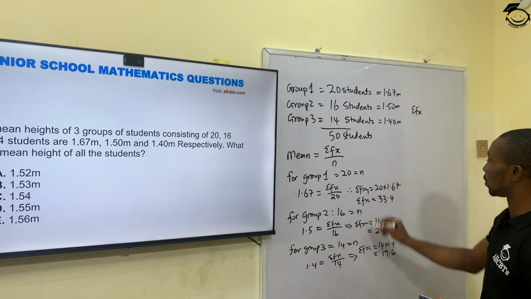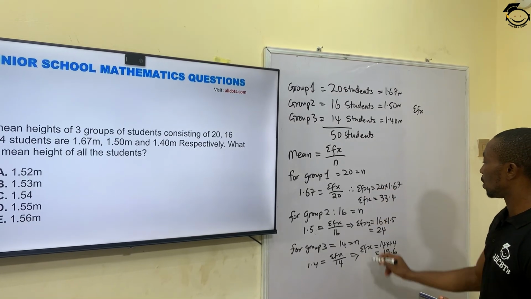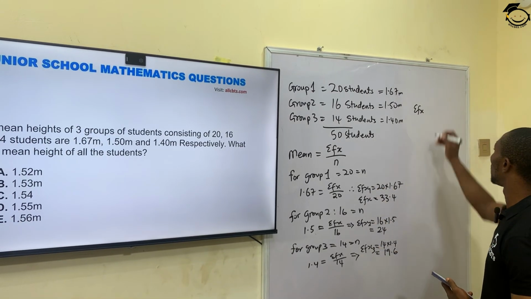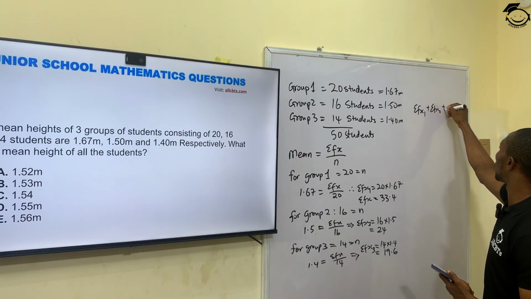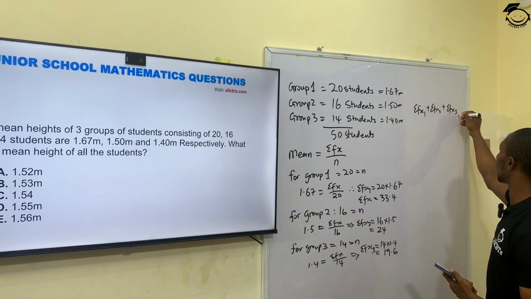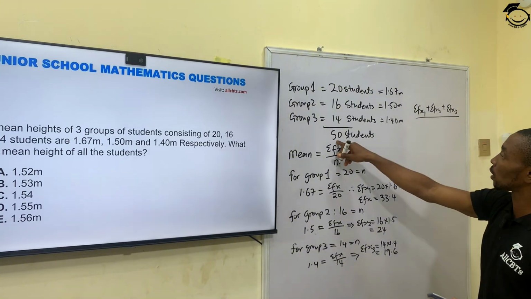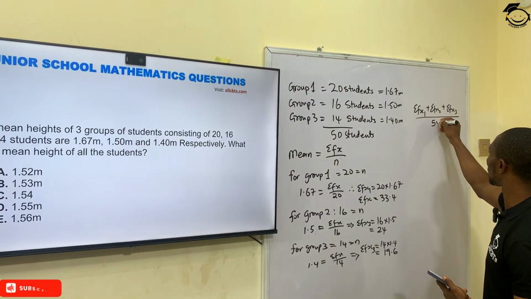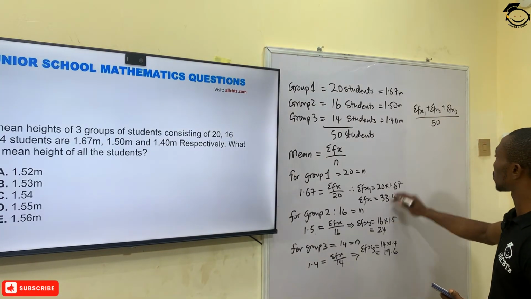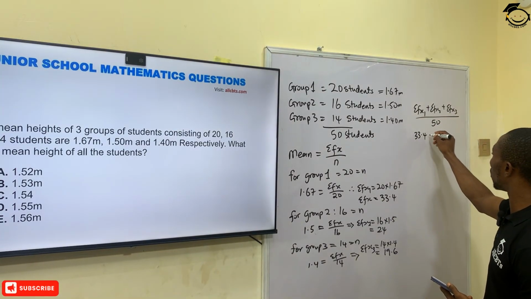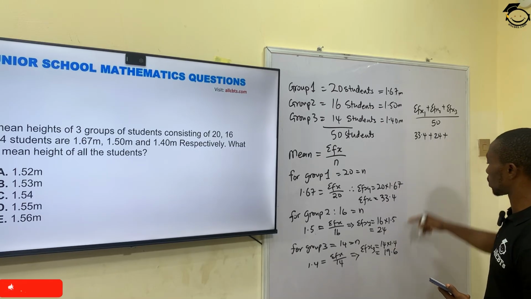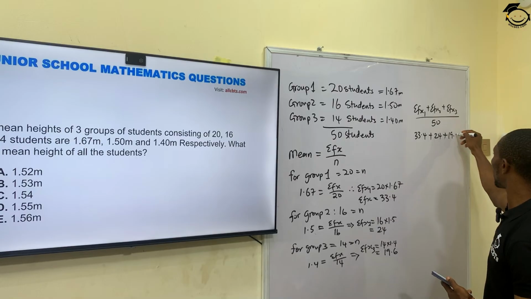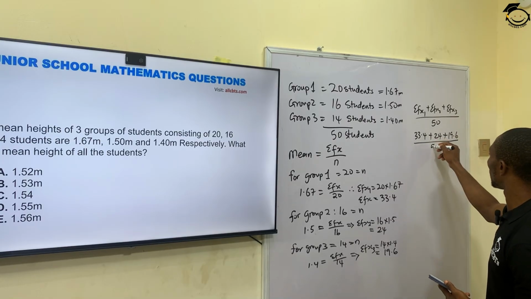Now, for us to have our summation, let's call these Efx1, Efx2, and Efx3. Efx1 plus Efx2 plus Efx3 all over our total number n, which will be 50. So our Efx1 is 33.4 plus Efx2 24 plus Efx3 19.6 all over 50.